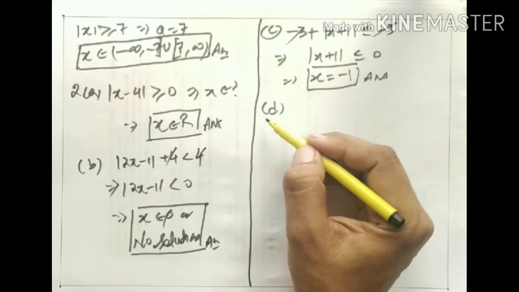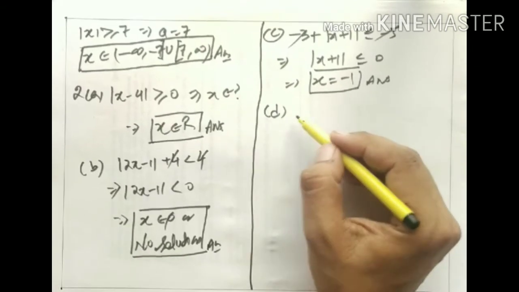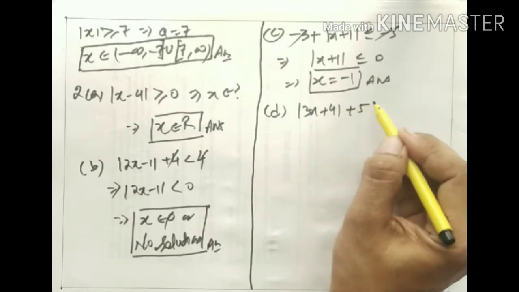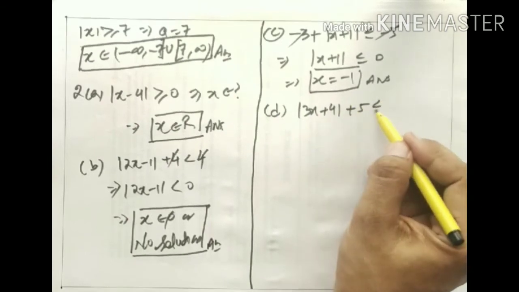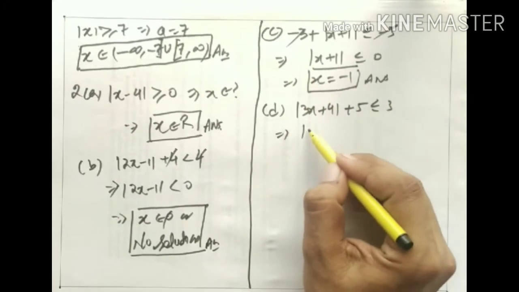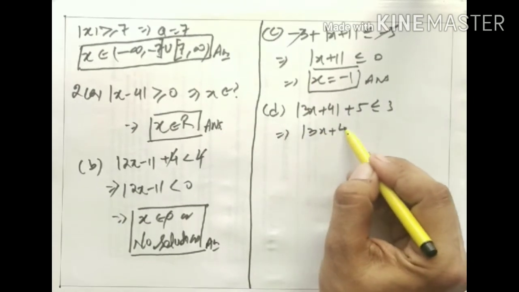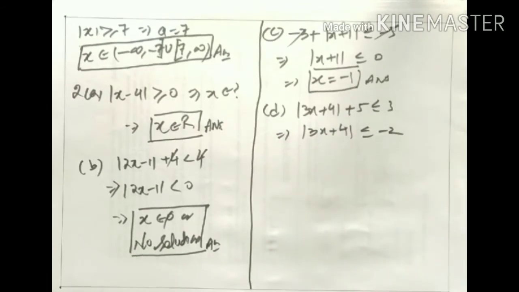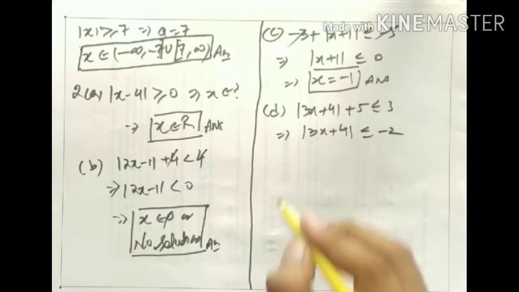The next part says mod of 3x plus 4 plus 5 is less than or equal to 3. Then we have to find the interval of x. So this will result in mod of 3x plus 4 is less than or equal to minus 2. Now we know that the modulus of any function always gives positive real numbers. It is asking for such x that the modulus is less than or equal to minus 2. It is not possible.